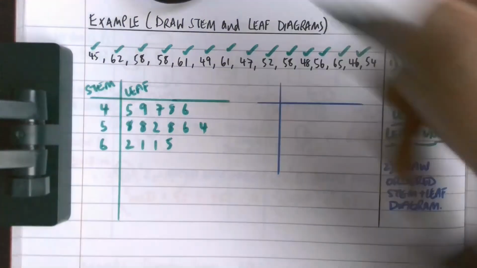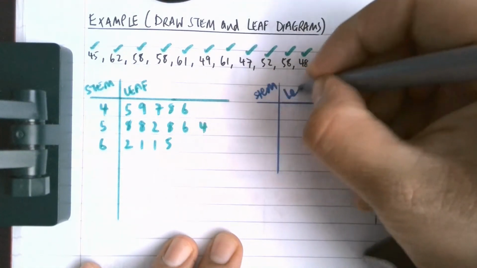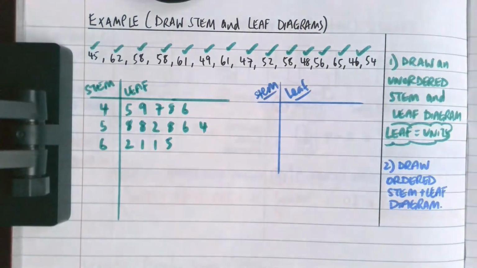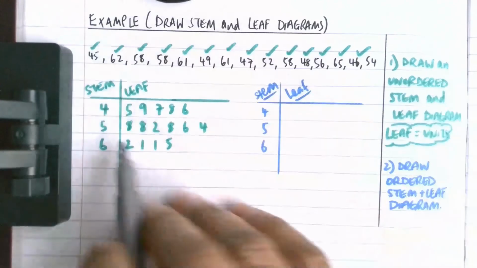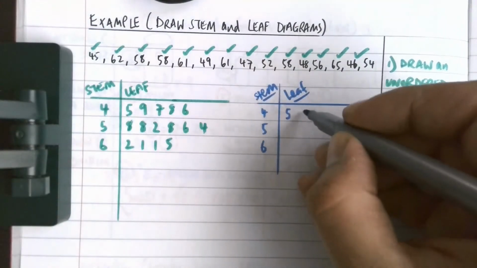So stem, again, drawing the same table, stem, leaf, which only includes the units, remember. We've got the 4, 5 and 6 to represent the 40s numbers, the 50s and the 60s, and we then need to order these numbers from smallest to biggest.